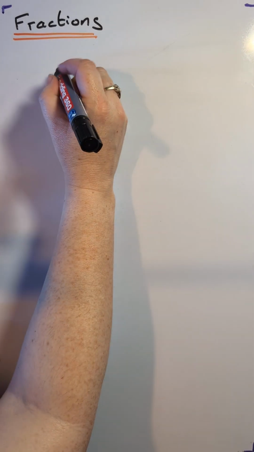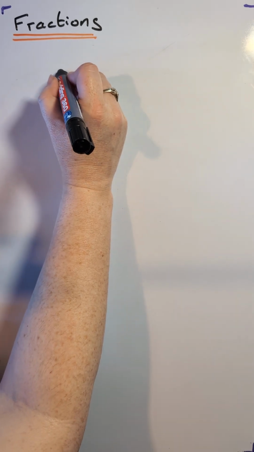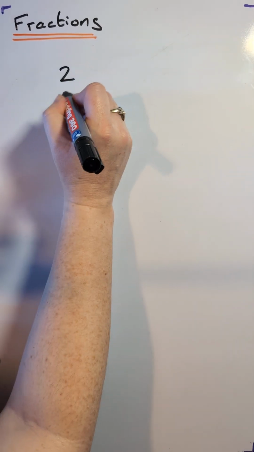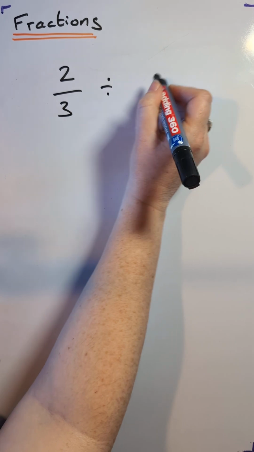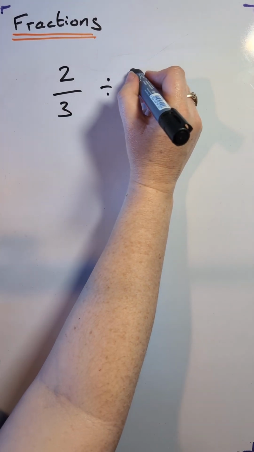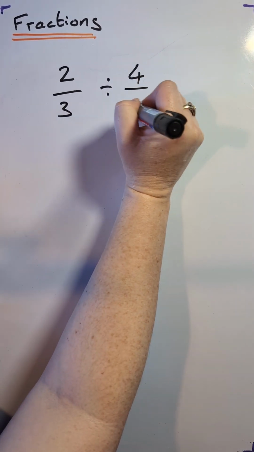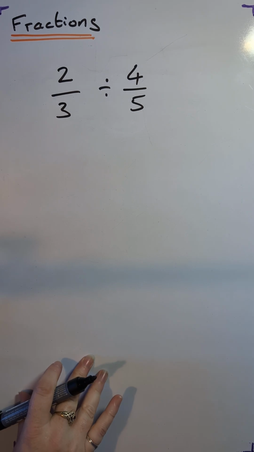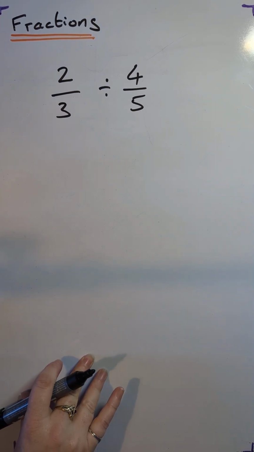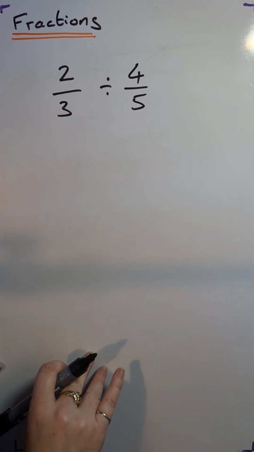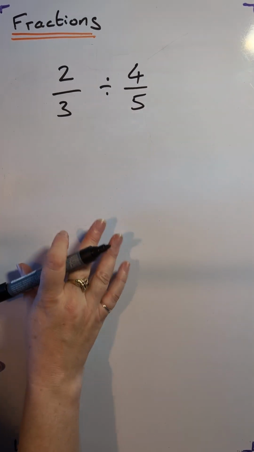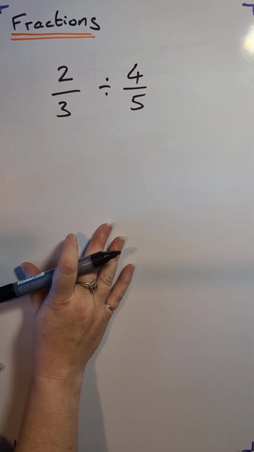Now to move on to division. If we have got a fraction divided by another fraction, and it doesn't matter what they are. Right, here we've got 2/3 divided by 4/5.